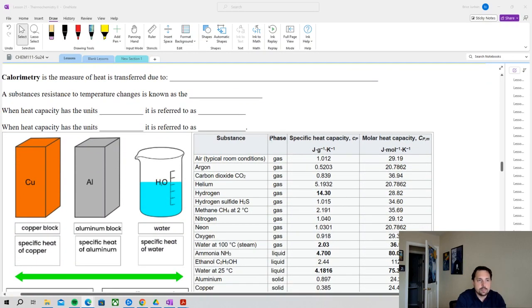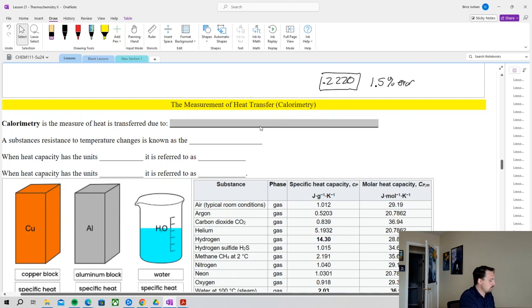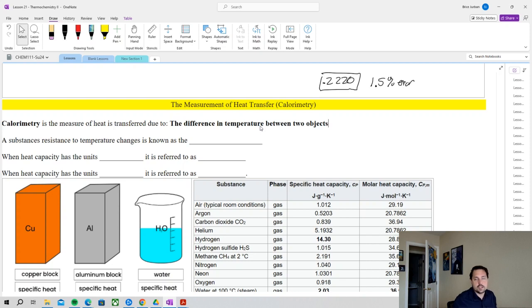So calorimetry, this is the measurement of heat that's transferred due to the difference in temperature between two objects. So if you take hot water and you mix it with cold water, you'll reach an equilibrium temperature, and the hot water is going to be transferring its heat to the colder water.